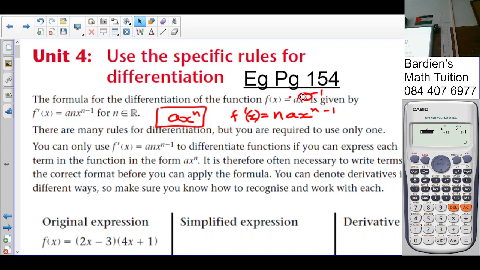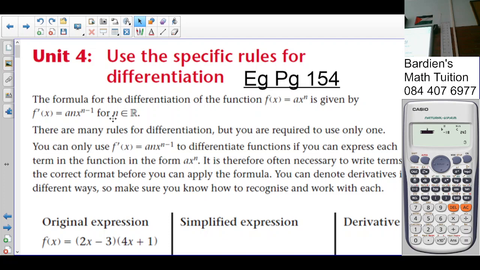I show the change by saying f prime x. So let's read again what they're saying here. The formula for differentiation of a function f of x equal to ax to the exponent n is given by f prime x is equal to a n x to the exponent n minus 1, for n an element of the real numbers. All the real numbers can be considered here for n.